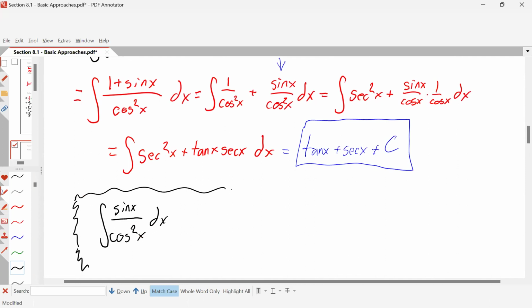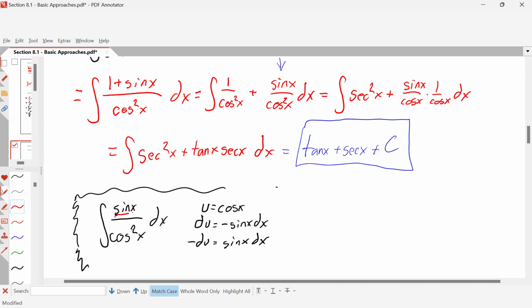And this would be using the u sub of u equals cosine x. du equals negative sine x dx, or negative du equals sine x dx.